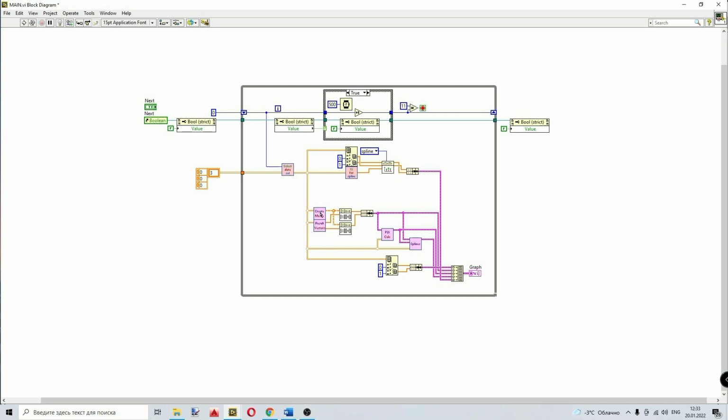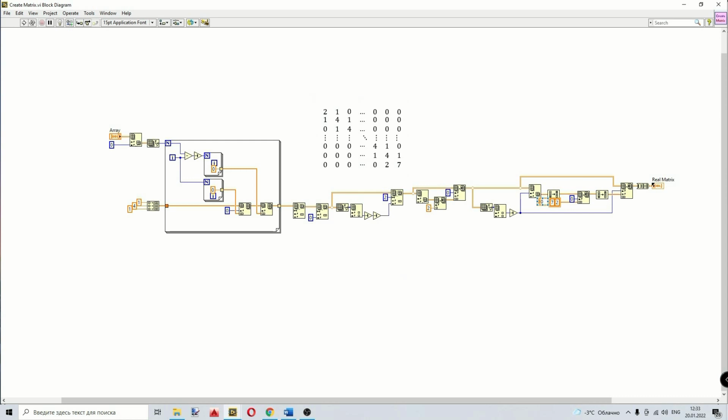First, in this function, I create the matrix of this kind for the subsequent calculation of the P1 coefficients.